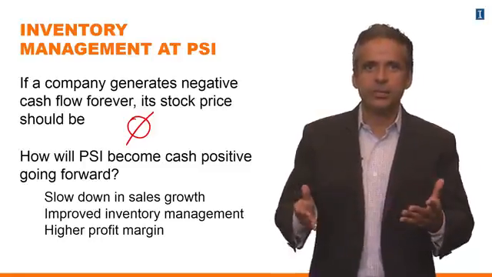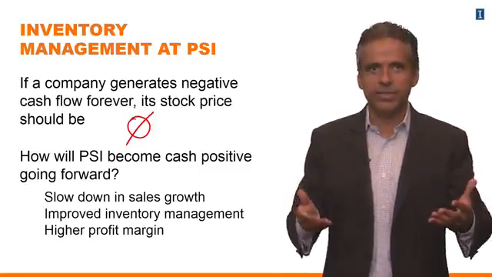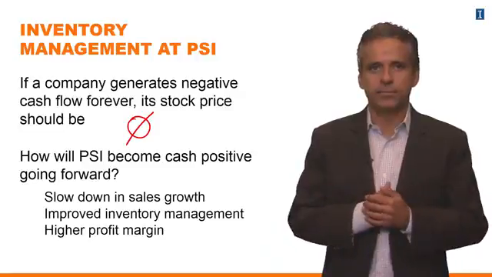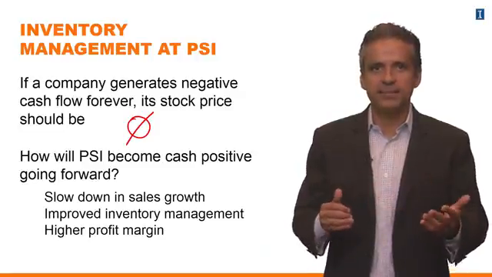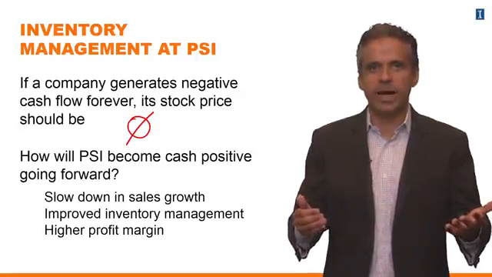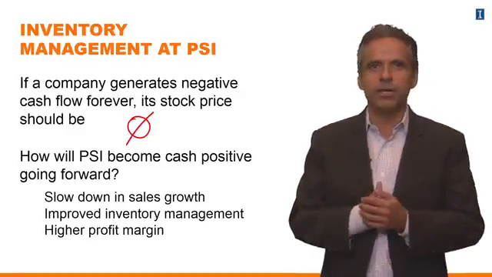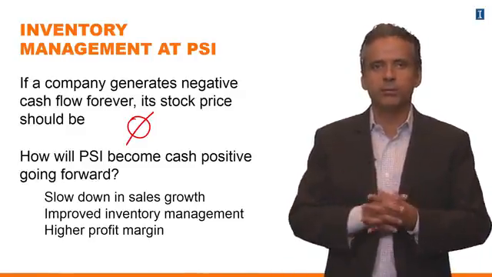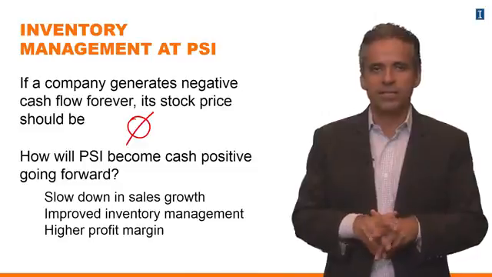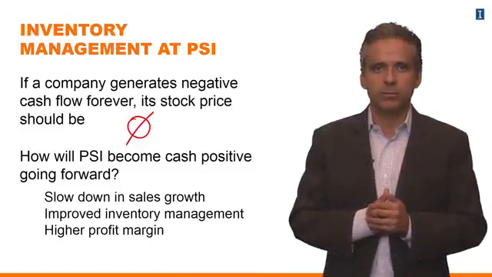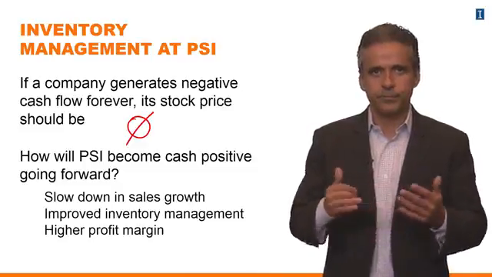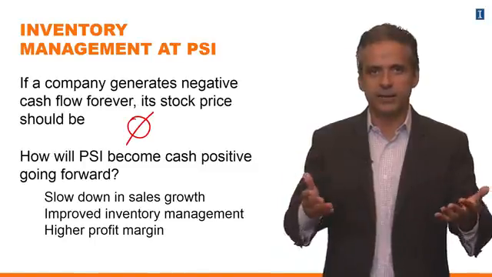In addition, the company might actually consider changing working capital management. Perhaps what PSI needs is improved inventory management. Maybe you're keeping too much inventory. You have to move towards a situation where you have more just-in-time inventory and try to generate cash quicker.